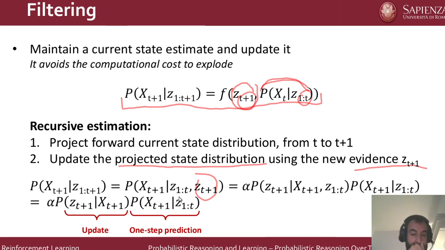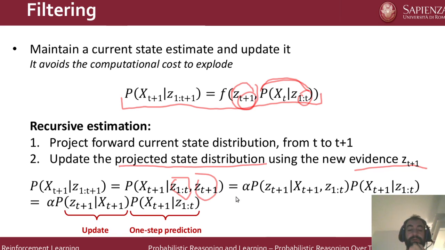We just listed all the variables explicitly that we want to take into account. So specifically, we made explicit the fact that we have the observations from 1 to t and the observation at t plus 1.